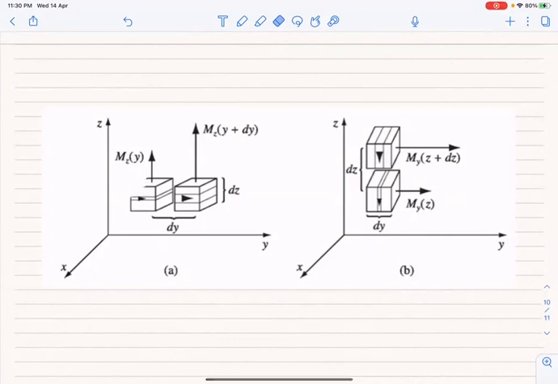For this loop, you have a magnetization Mz(y). For the other loop, of course, it will be Mz(y+dy), because now you do not have the same magnetization everywhere.